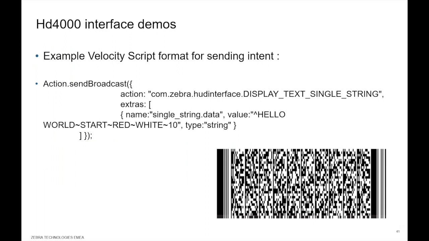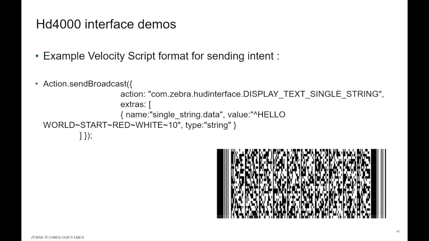Okay, thanks, James. So there are some samples here of using this interface app with other applications. First one being Velocity, which is from Ivanti. What you can see on the screen is an example of how in a Velocity script you can call the interface app through the action.sendBroadcast script command, and then pass through the action that you want, in this case displaying a single text screen, and then in the extras you put the parameters that James has just described for displaying text.